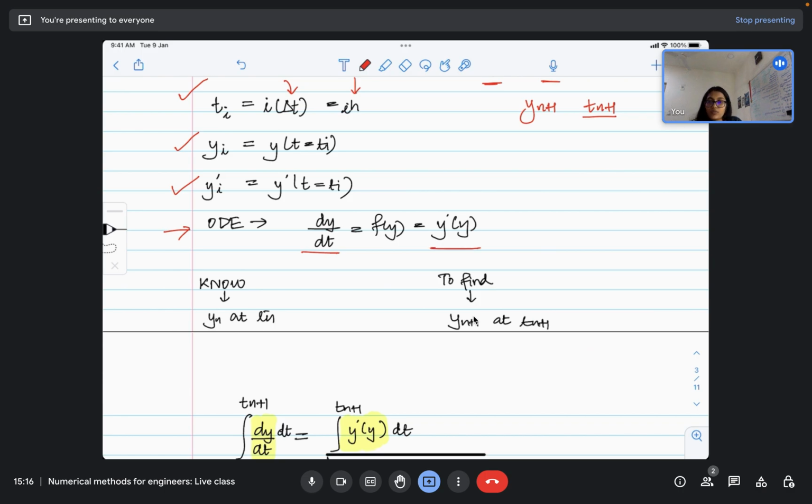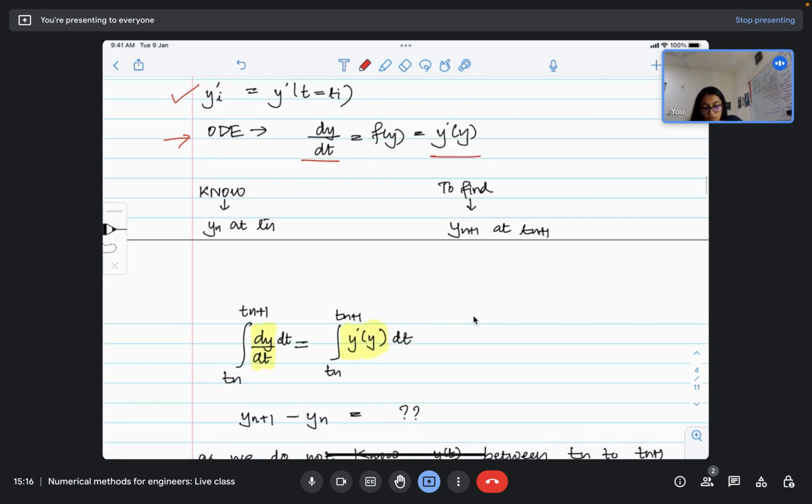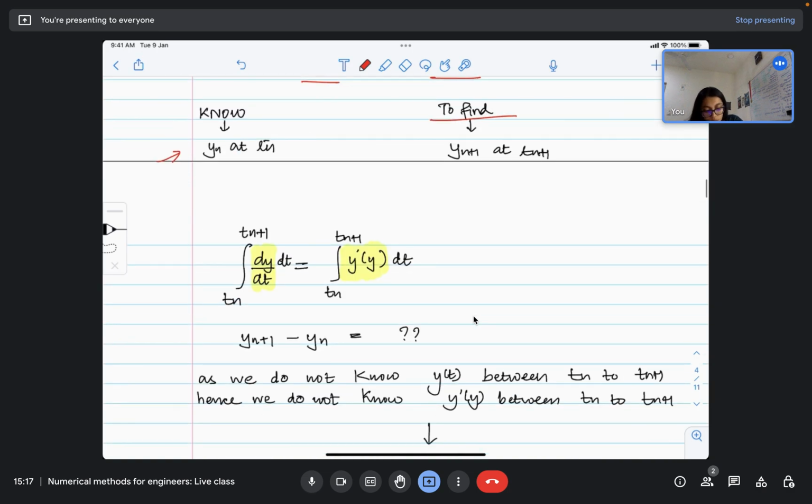Okay. Now again a small recap: what is known to us is y_n at t_n, and we are interested in finding the value of y_{n+1} at t_{n+1}. So we know the value of y at t_n, and we want the value of y at t_{n+1}. Hence we integrate from t_n to t_{n+1}.